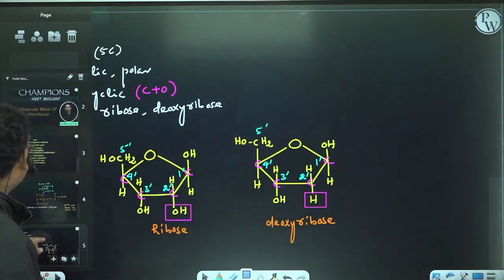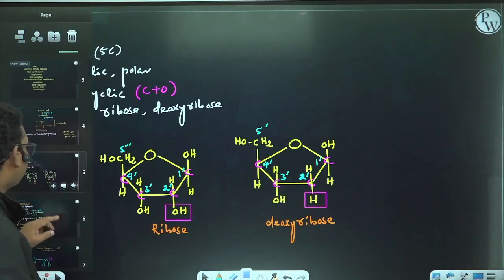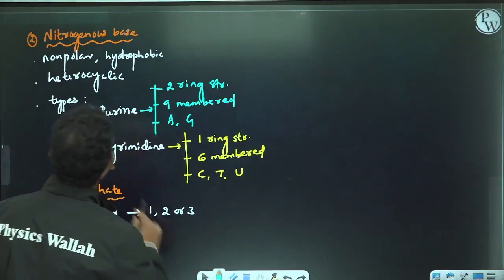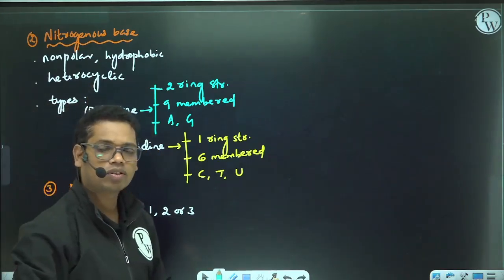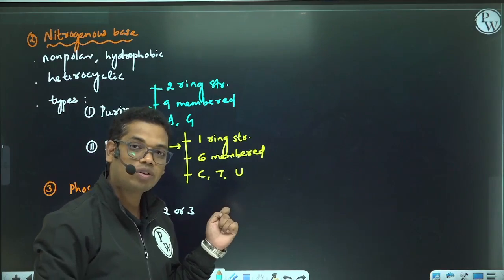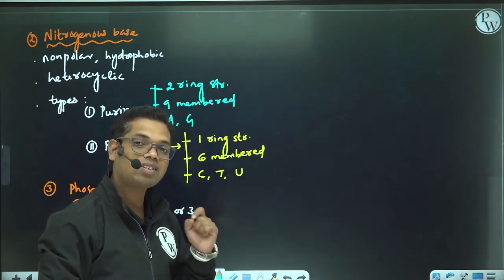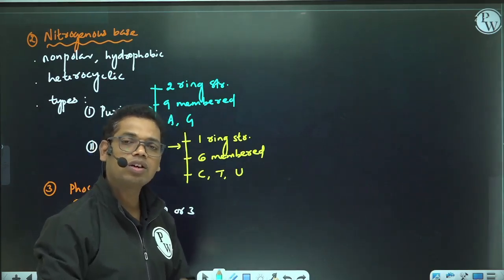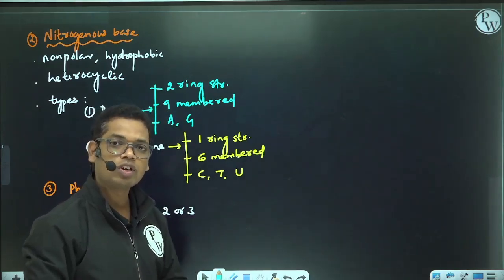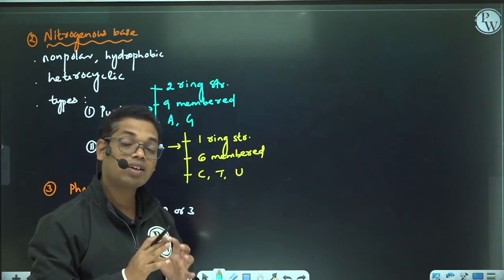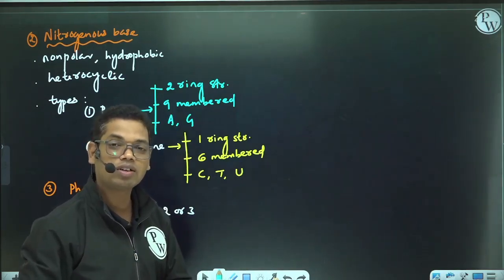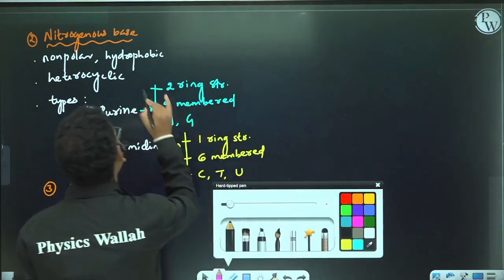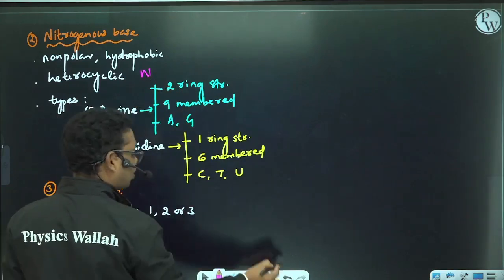Now the second component of this nucleotide is the nitrogenous base. Because this component has nitrogen, that is why we call it a nitrogenous base. And this structure is also heterocyclic. Why is this heterocyclic? Because it has carbon and nitrogen. In the case of sugar, why was that heterocyclic?